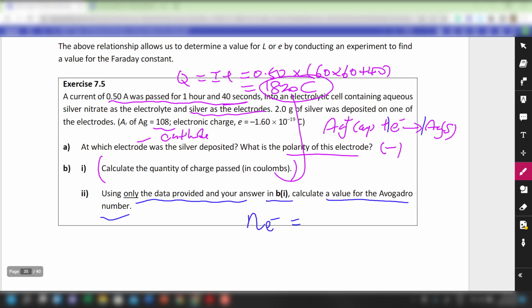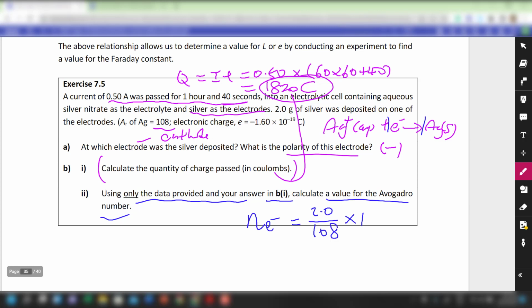So in this case, I'm just going to sub in 2.0 divided by the Ar, which is 108, because in the question we were told it is 108, and then multiply by 1. You need not multiply by 1, but if you want to, you could.